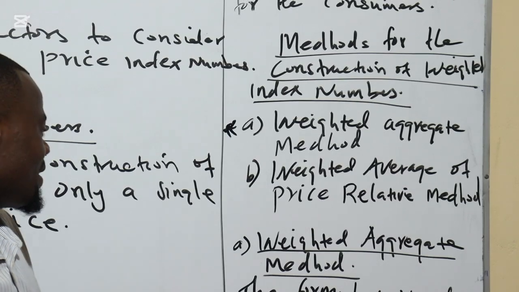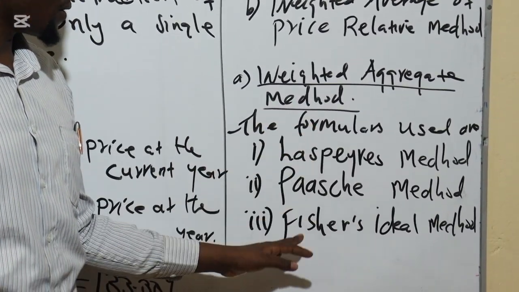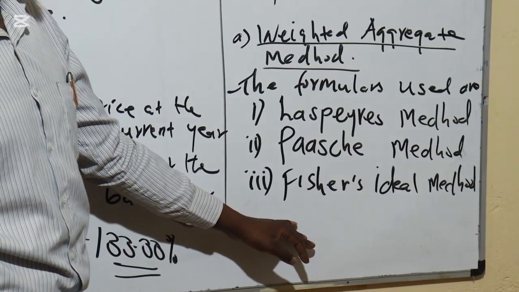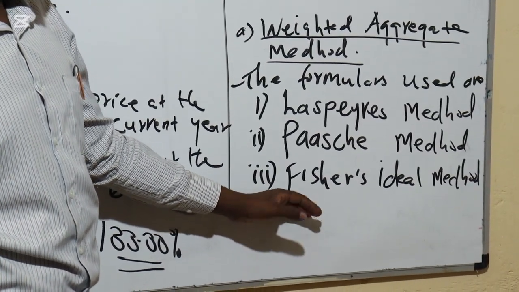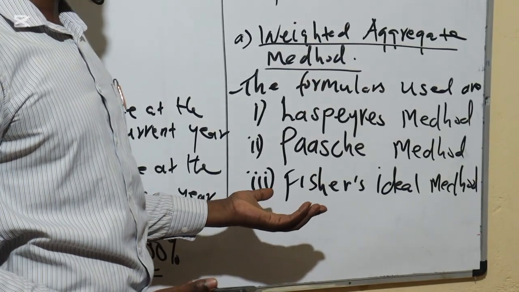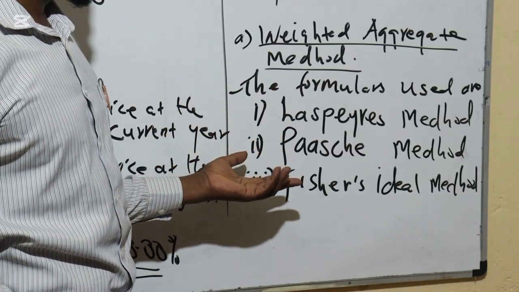In the weighted aggregate method, these formulas can be adopted. We can use the following formulas to calculate our index numbers. These are just the names of the economists who did work on index numbers.